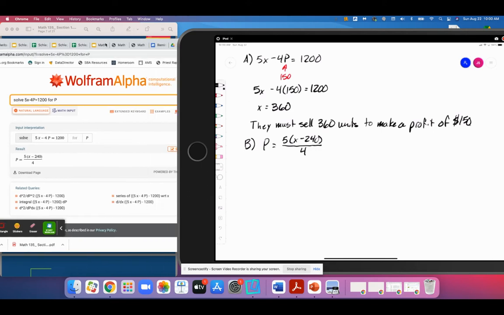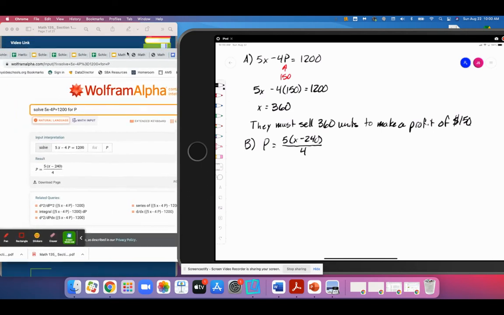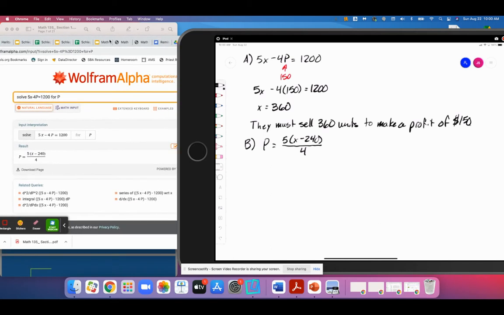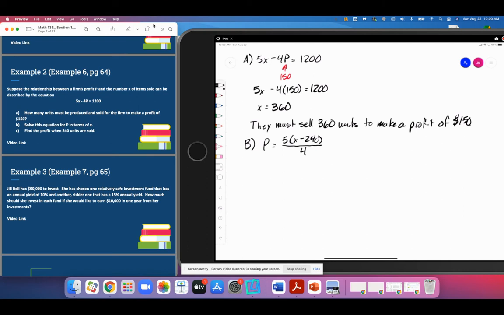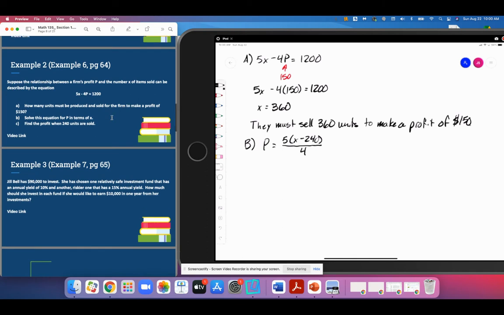Sometimes Wolfram will give us the option to have an alternative representation, and there'll be a little button that pops up that we can have it shown alternatively, and I'll bring that up when the instance occurs. So that's how we use Wolfram to do that, folks. We can often talk to Wolfram using regular language to get it to do things for us, and that is pretty helpful. So part C, find the profit when 240 units are sold.